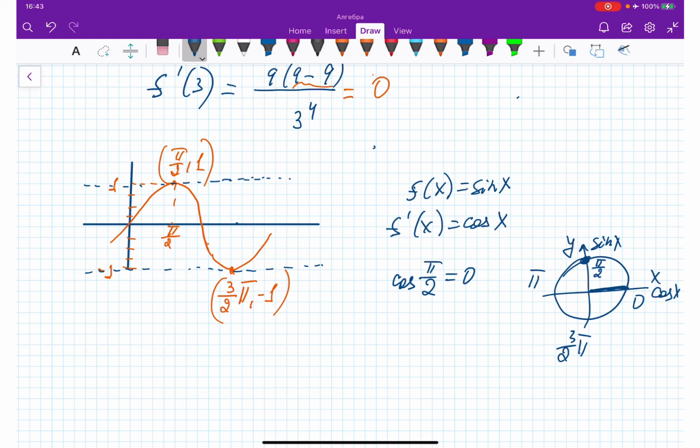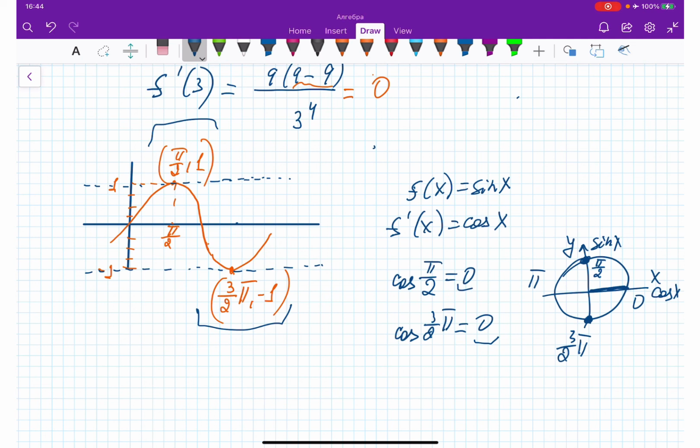And the same thing is here. How much is cosine here? It's also going to be 0, right? So cosine 3 over 2 pi is equal to 0. Now don't get confused when you are looking here, comparing: why is it not negative 1, 0, why is it not 1 and 0?